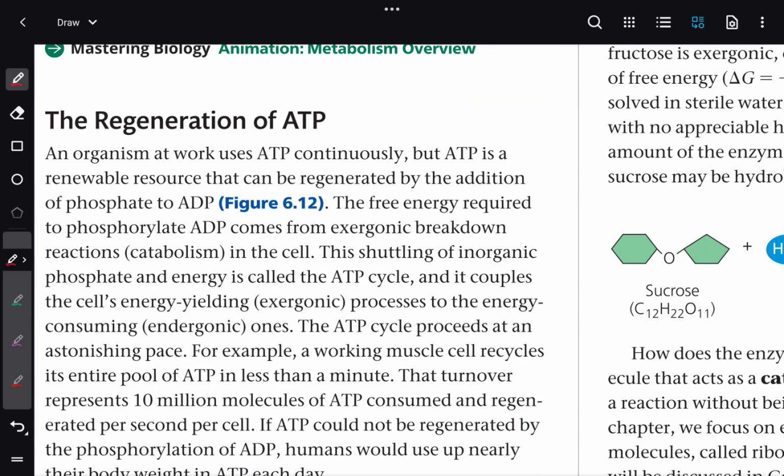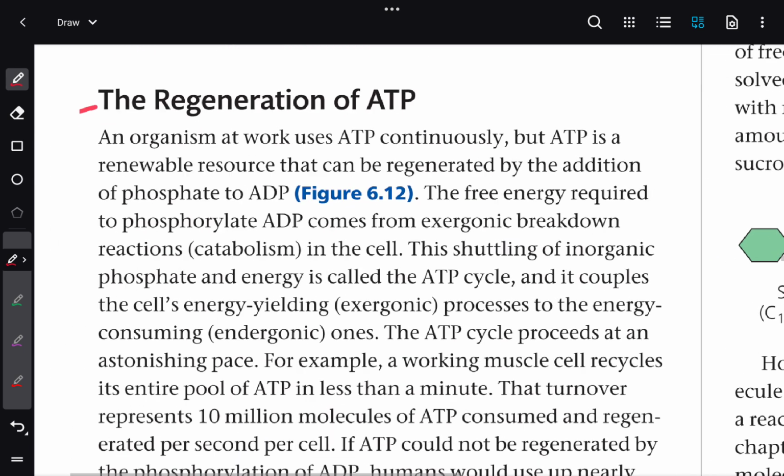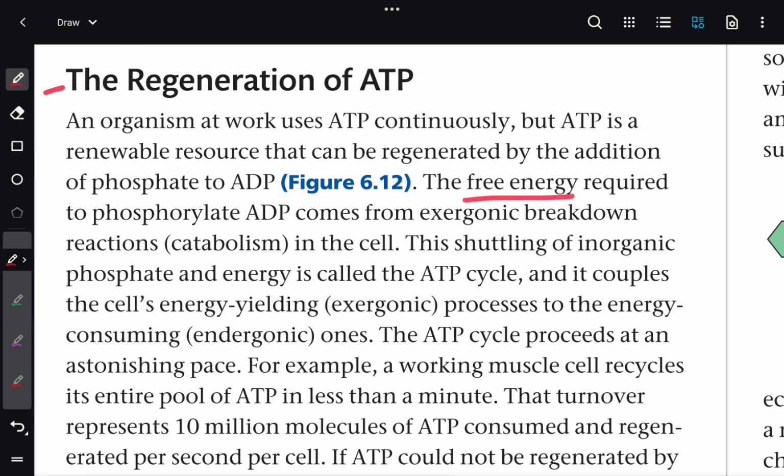Now, the regeneration of ATP. An organism at work uses ATP continuously, but ATP is a renewable resource that can be regenerated by the addition of phosphate. Now, the free energy required to phosphorylate ADP, where does it come from? Phosphorylating ADP is an endergonic reaction. It needs energy.